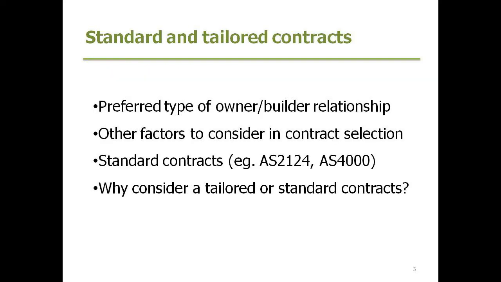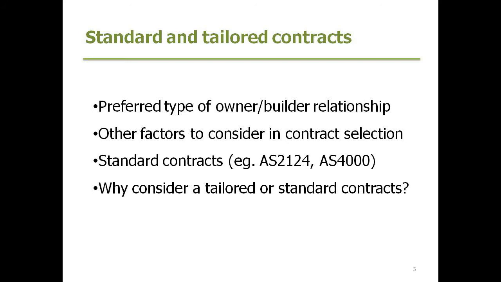Let's now look at the types of contracts being standard or tailored contracts. Whether you're using a standard or tailored contract quite often is dependent on the type of relationship with the owner and the builder. There's plenty of factors to consider why you would go down one road or the other.